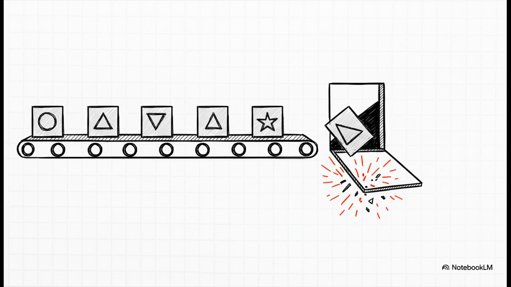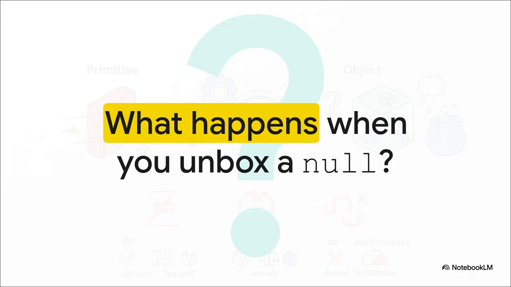The first one, this one is by far the most common. I like to call it the silent killer, because it waits for the absolute worst time to blow up your application. And it all goes back to that special null value we talked about. All right, have a look at this. We create an Integer object and we set it to null. Totally fine, an object can be null. But then we try to assign that null object to a primitive int variable.